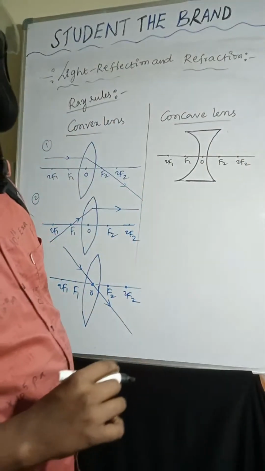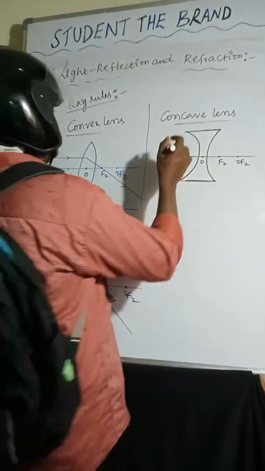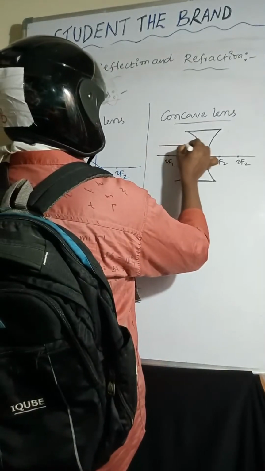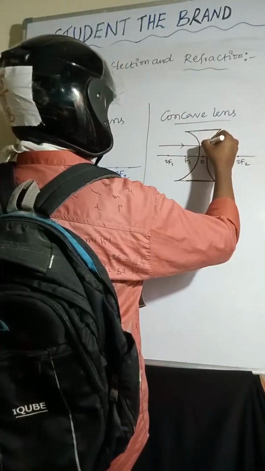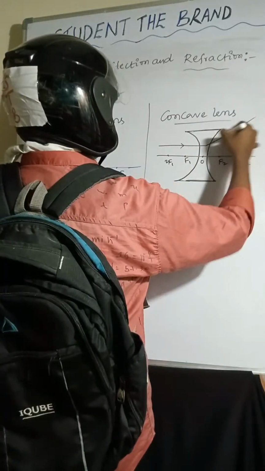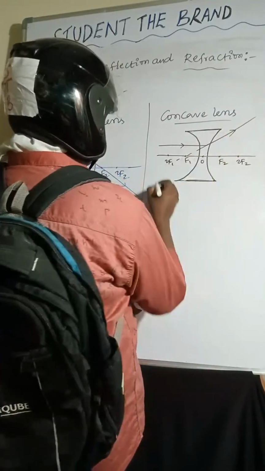Here light ray is coming parallel to the principal axis. After refraction it passes through the focus.